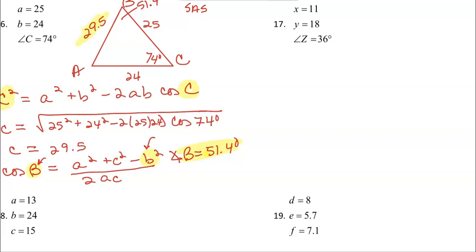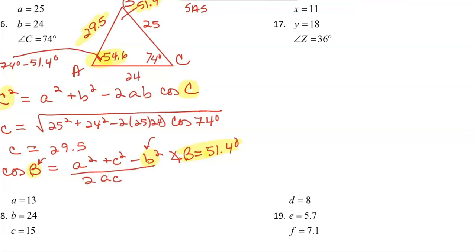To get angle A, just do subtraction: 180 minus 74 degrees minus 51.4 degrees, and you should get angle A to be 54.6. Okay, so that's how you do it. When I start using law of cosines, I keep using it. I don't switch over.